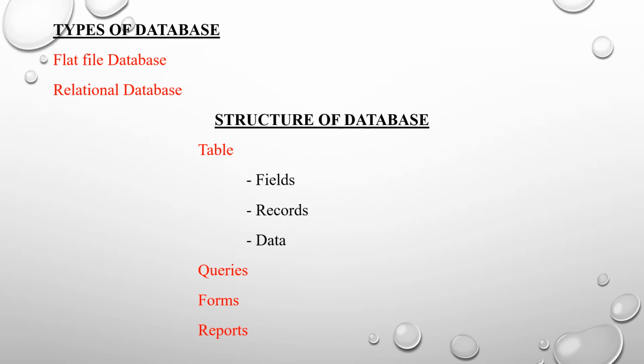The second one is query. A database stores a vast amount of data, but queries help us to retrieve the filtered data based upon some conditions. Queries are also used to perform actions such as delete, update, etc.